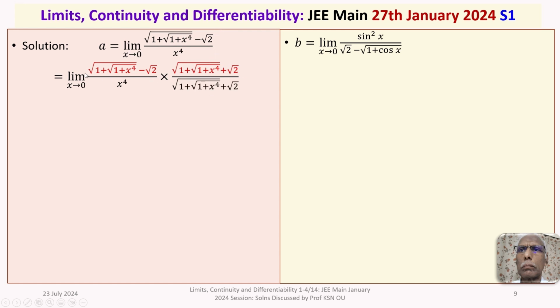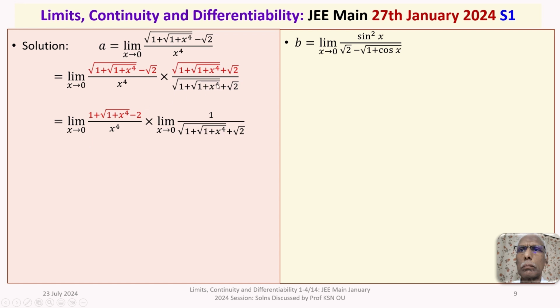Now when you multiply these two, it is a plus b into a minus b, that is a square minus b square, and that will be equal to limit x tends to 0 of this is a square minus b square, 1 plus under the square root of 1 plus x to the power of 4 minus 2 by x to the power of 4. And limit x tends to 0 of 1 by this one.